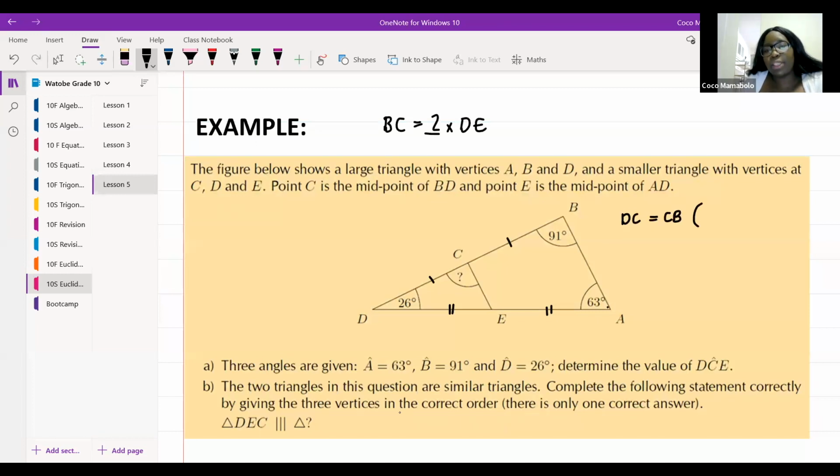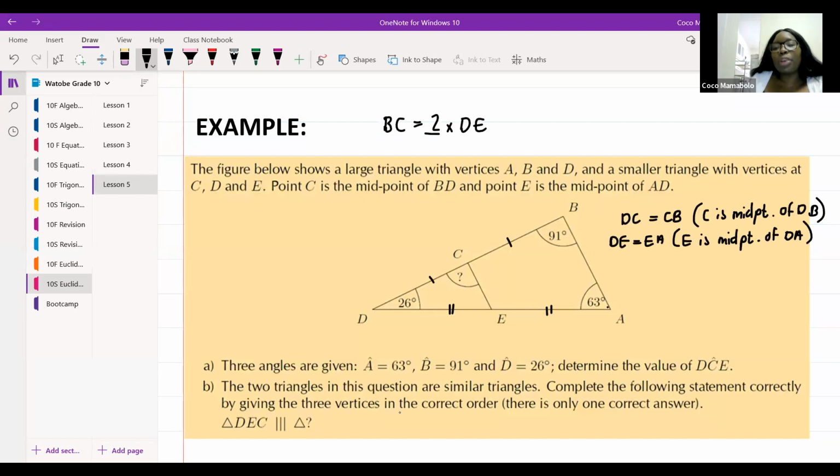And my reason for this is C is the midpoint of DB. And then I'm going to say the same thing about DE and EA. I'm going to go DE is equal to EA. And my reason is because E is the midpoint of DA or AD. It doesn't matter.